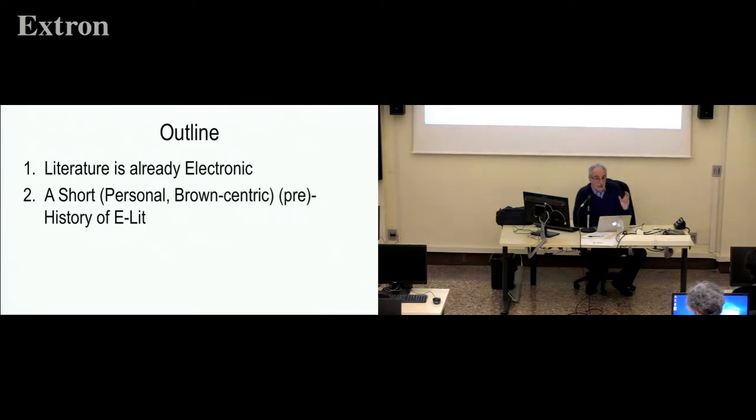I can think particularly of one, in Ferrara, belonging to the Este family, but there are many: splendidly illuminated manuscripts copied from printed books. So there is a reversibility already there, and I'm going to go back to it because that reversibility is also present in our digital incunabula, and poses a number of interesting issues for our idea of what is digital literature. So that's the second thing that we're going to do today, the short, Brown-centric history of it.